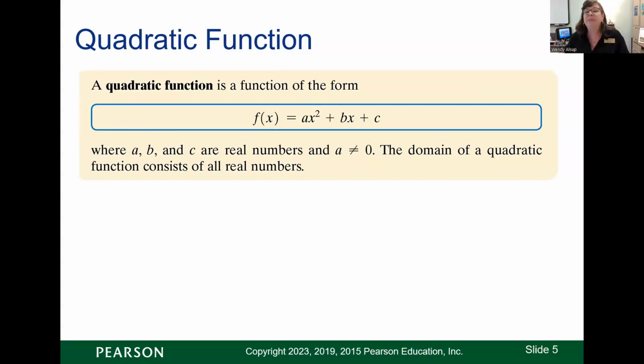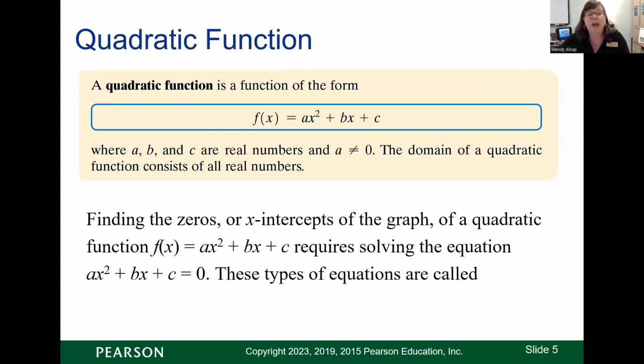Now, we are interested in solutions to quadratic functions, also known as zeros or x-intercepts. What we're going to do is take that quadratic function and set it equal to 0.